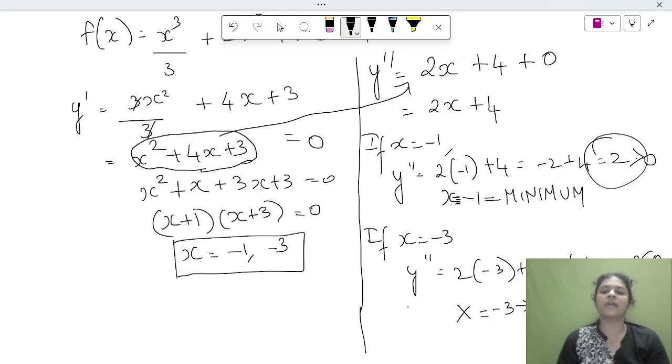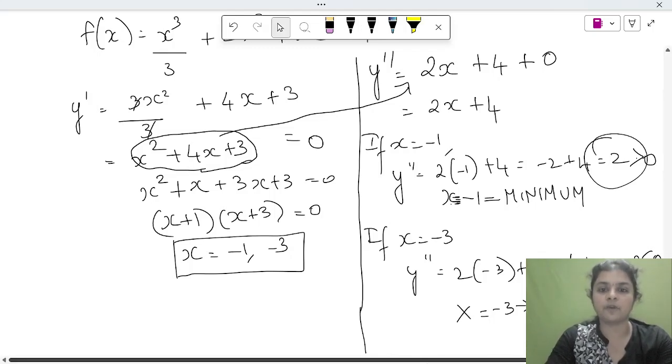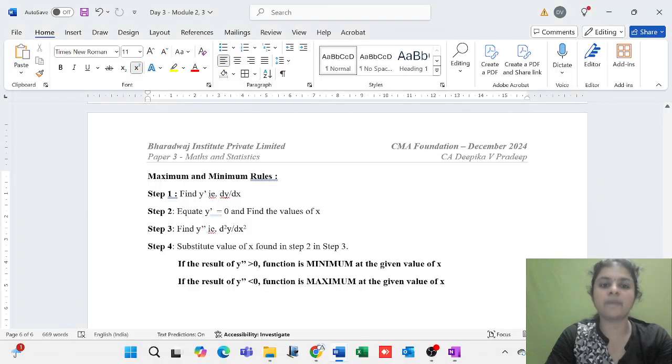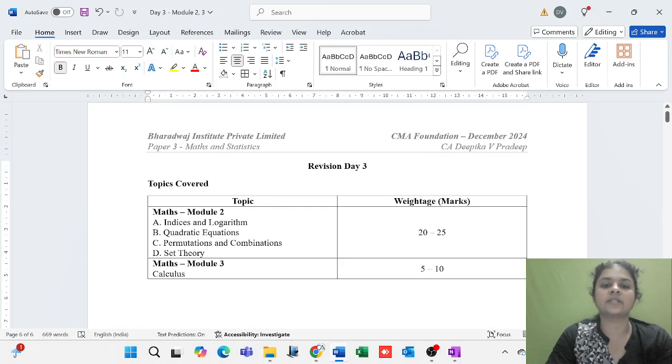Okay, ma'am. So with this, we complete your differentiation chapter and your profit, revenue and cost function with respect to differentiation, and the maximization minimization concept for double order differentiation. I hope you are clear with the basic concepts. Yes, ma'am. So this summarizes our revision for day 3, which is on module 2 and module 3.